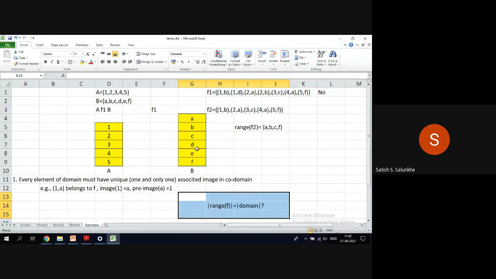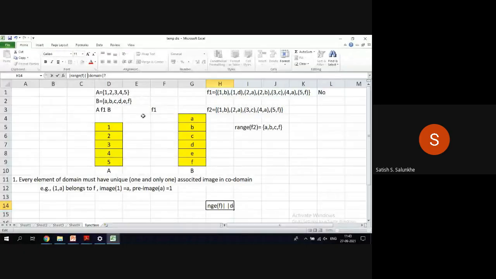You can see your element D and element E is not having any pre-image. But our concern is here. My question is: cardinality of range of F is always equal to cardinality of domain, yes or no? In general, this question I asked, without this example. Is it always equal, is it always holding true? Yes or no? No, sir.